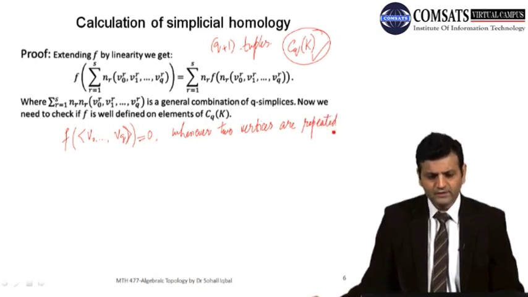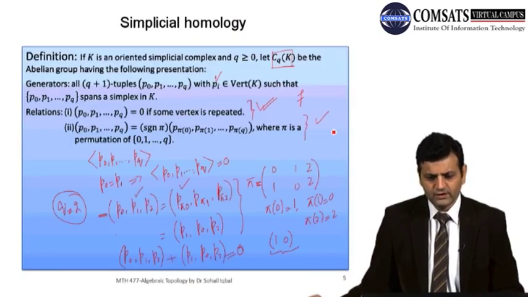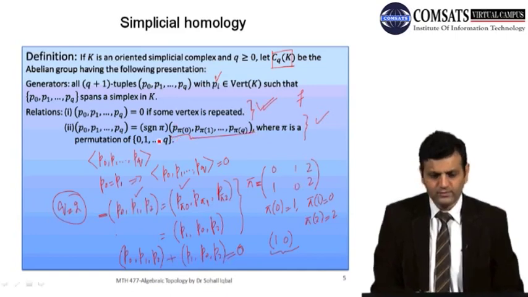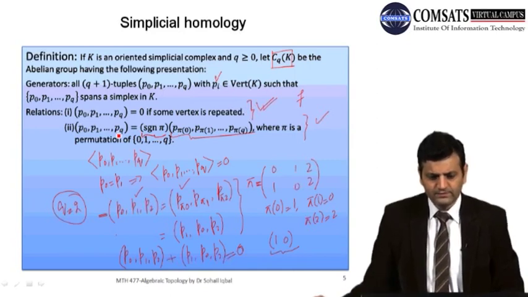Okay, so what about the second condition of CQK? We have another relation inside CQK. Whenever we have a permutation of the vertices of this Q plus 1 tuple, then after permuting we have a new tuple, and if we multiply this permuted Q plus 1 tuple by the signature of pi, then it is the same as the original tuple.